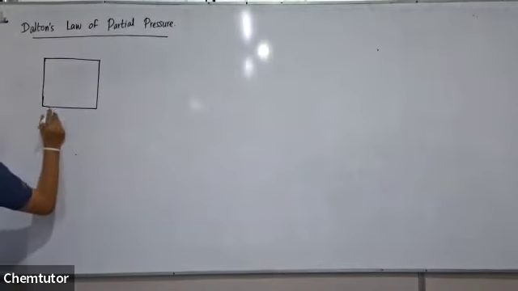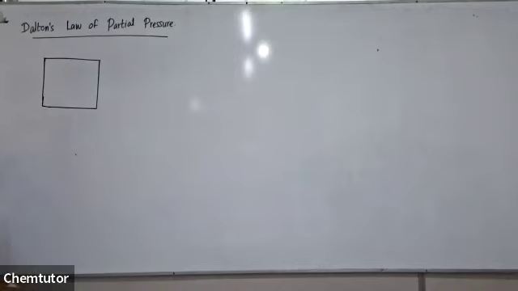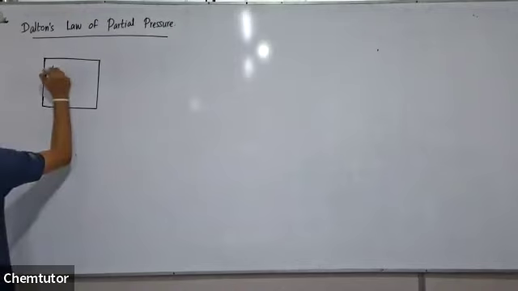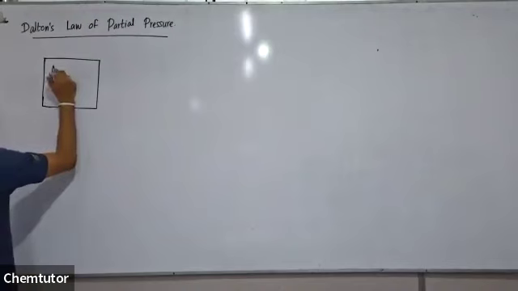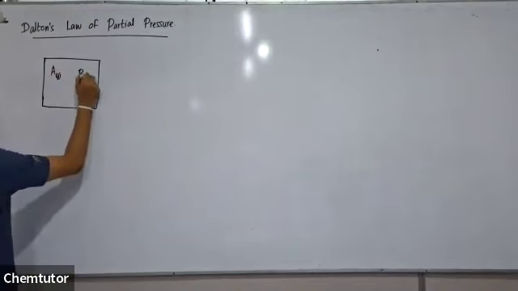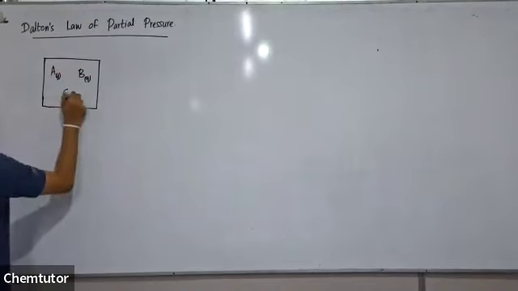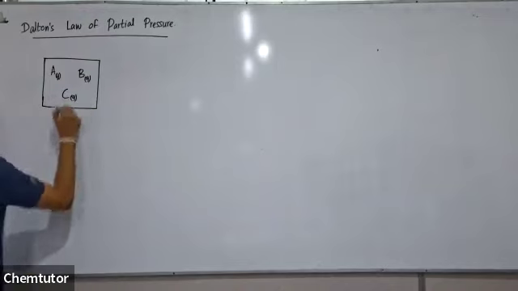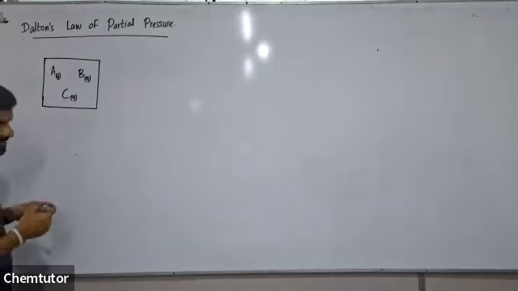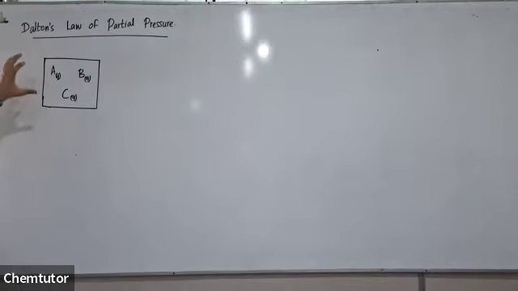Inside this room, there are three different gases, A, B, and C. Since this room is closed, the total pressure inside the room is created by the pressure exerted by these individual gases.